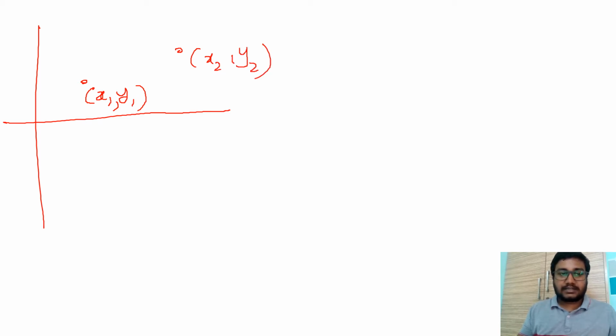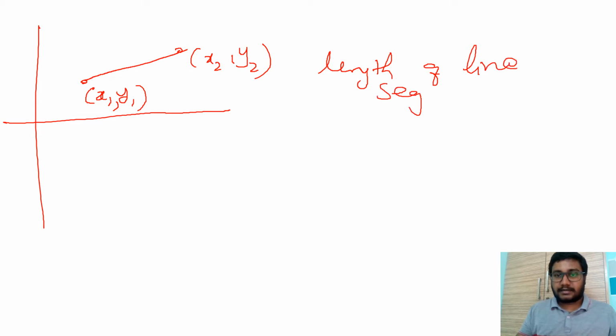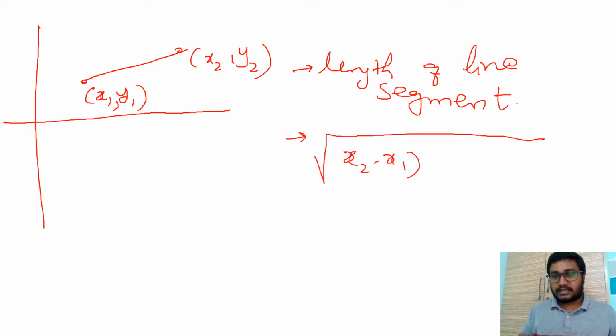The distance between these 2 points, otherwise known as the length of the line segment joining these 2 points: many people might have already heard the equation for the distance between the 2 points, which is the square root of x2 minus x1 whole square plus y2 minus y1 whole square.